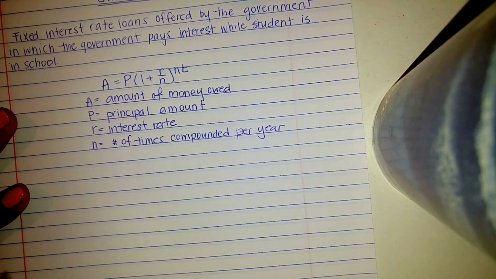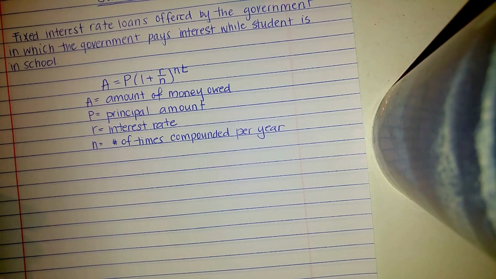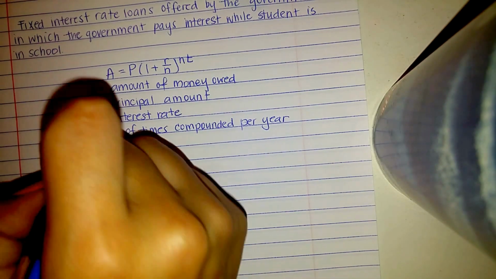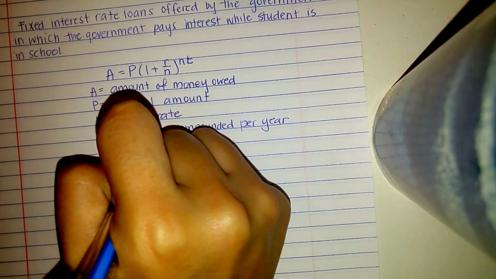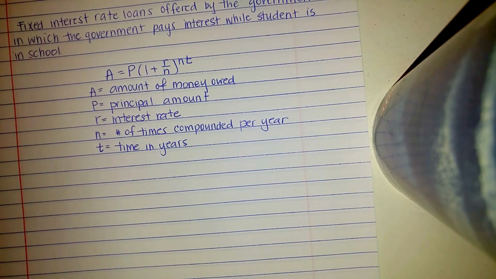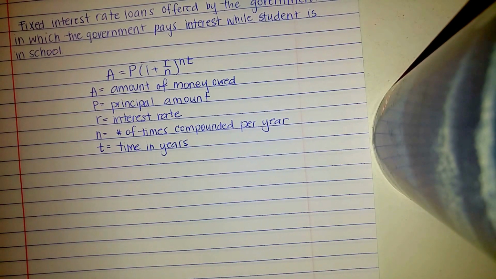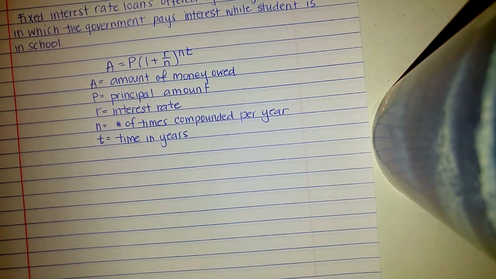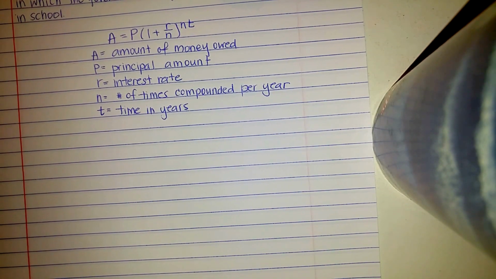They're monthly payments, so it's going to be compounded 12 times total for a whole year. And lastly, T stands for the time in years. So that's what these variables represent within this equation. Let's take a look at an example.